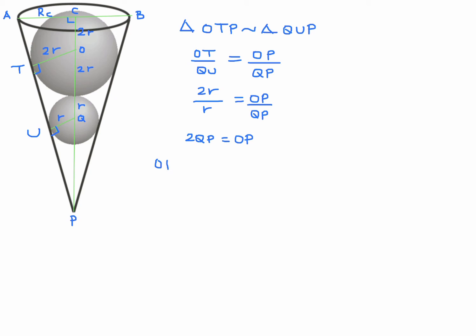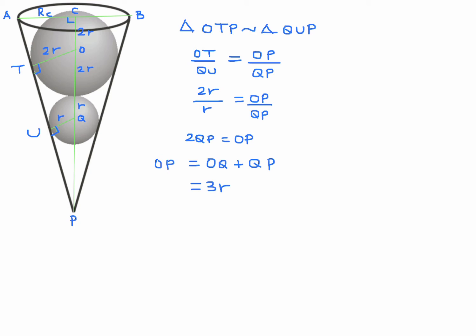Well, OP, which is the distance from here all the way down to there, is equal to OQ from here to here plus QP from there to there. So OP equals OQ plus QP. And OQ is 3R. It's this guy plus this guy. So that's 3R right there. Put that in here, 3R.